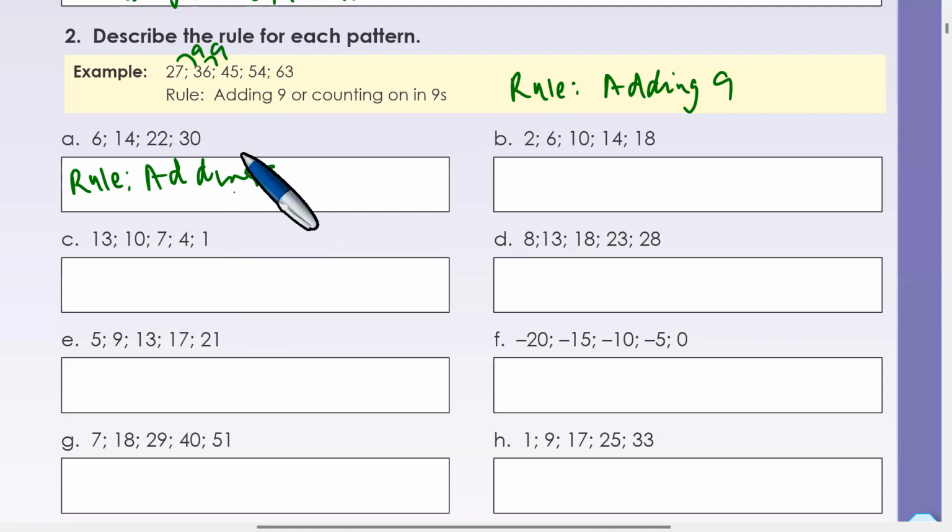Right, so if we are adding 8, we have that. In B, what is the rule? So we're adding 4. Well done, we're adding 4.